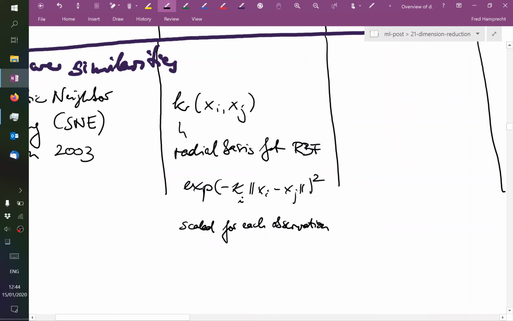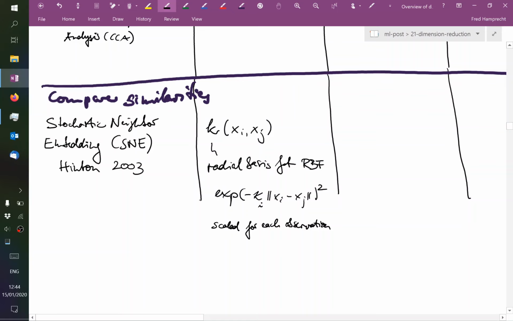And it was scaled such that points which are in low density regions get a bigger kernel, and points that are in high density regions get a smaller kernel. Well, to find out what is low density or high density, usually you would need a kernel density estimate.